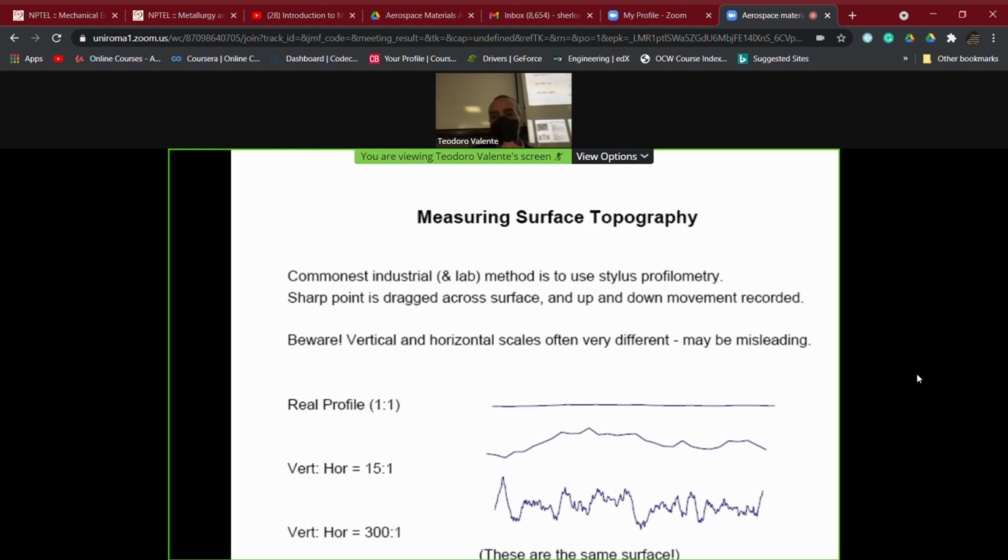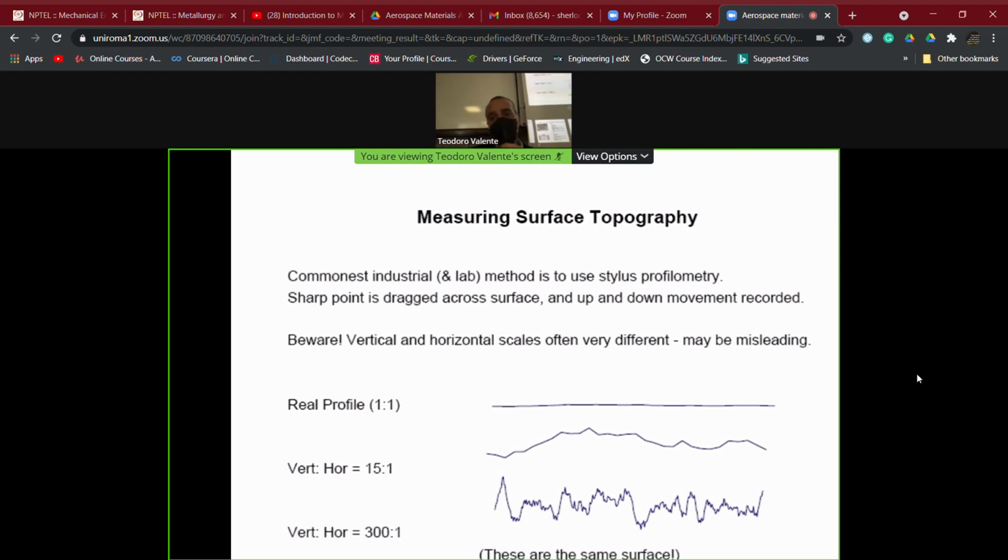That's quite simple conceptually, because we have a sharp point, which is the important part of the instrument, which is dragged across the surface, and the up and down movements of this point are recorded. So we can have an idea of the topography on the y axis and on the x axis.